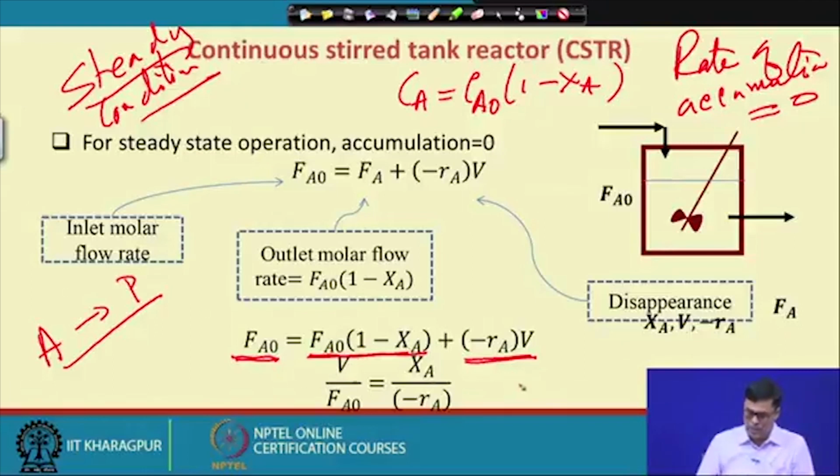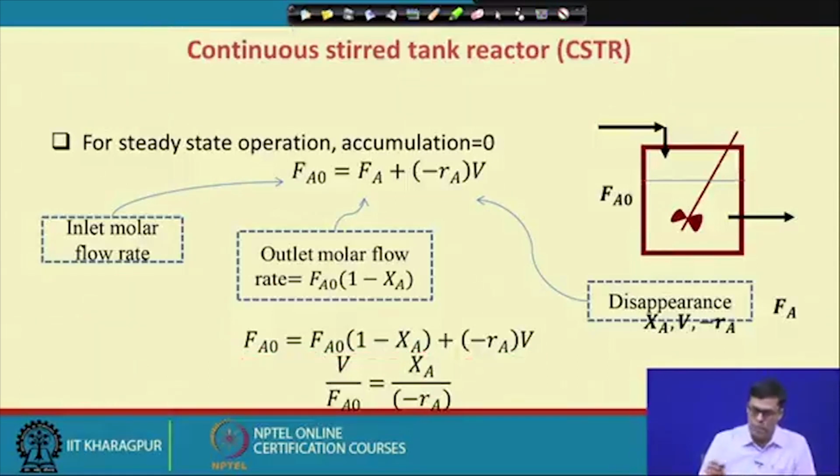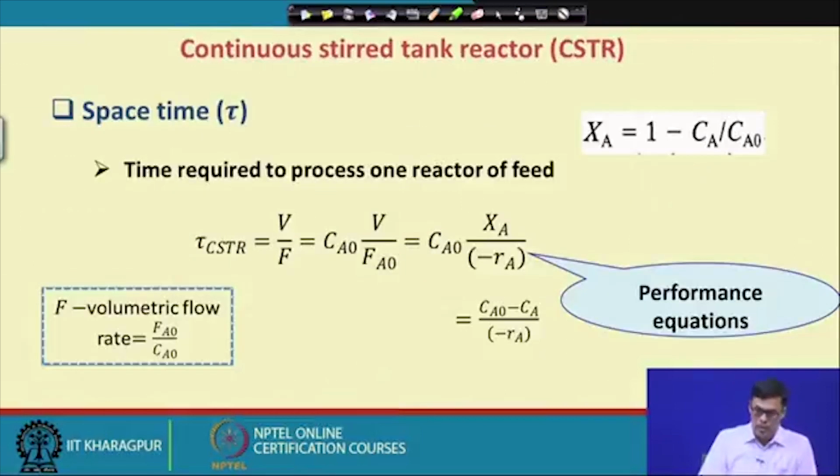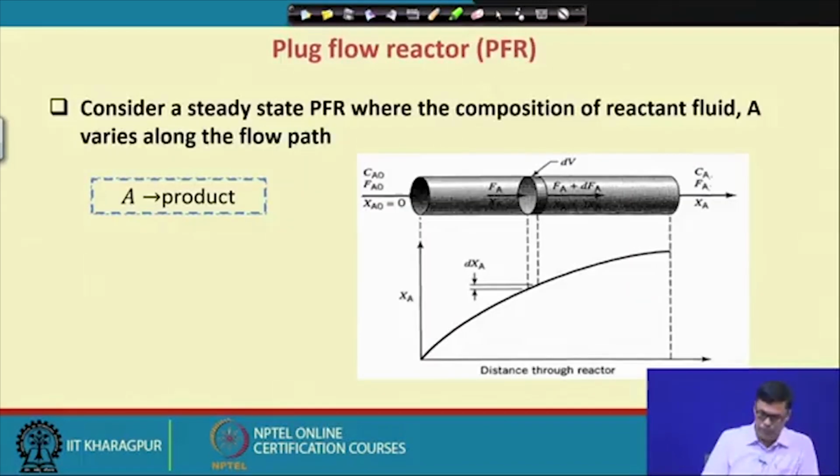You can take it to this side, Fa0 into Xa equal to minus Ra into V. Now you can write V by Fa0 equal to Xa into this. We can easily write it here.